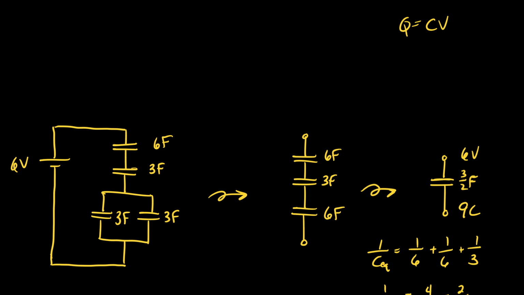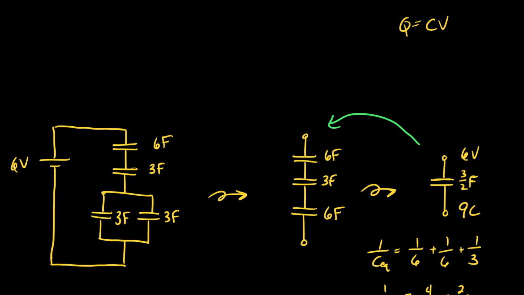All right. Now, here is where things get a little dicey. We're going to go back a step. I like drawing all these arrows to let me know what I'm doing. And we're going back to a system that is in series. So we need a rule here to figure out whether we take the voltage back or the charge back with us. Remember, there are 2 rules. The charge on capacitors in series is the same, and the voltage is the same for capacitors in parallel.